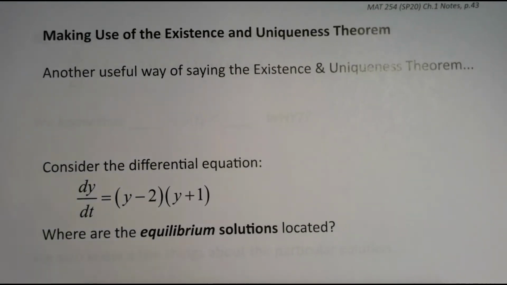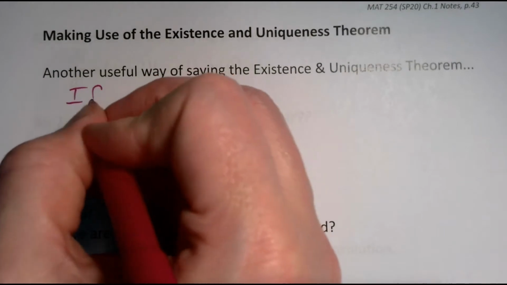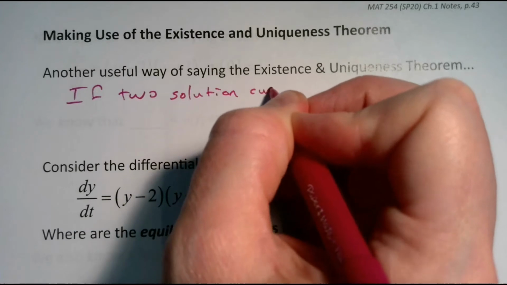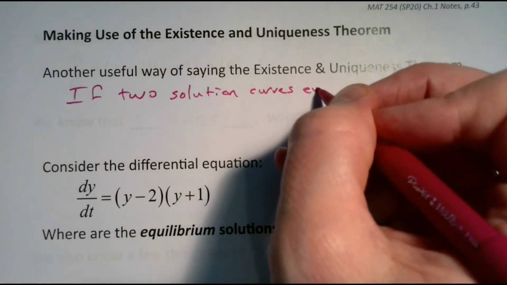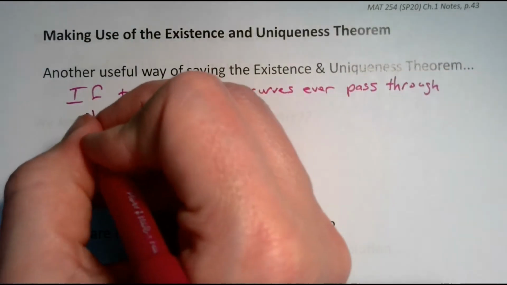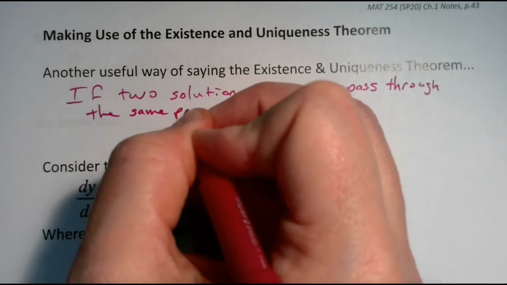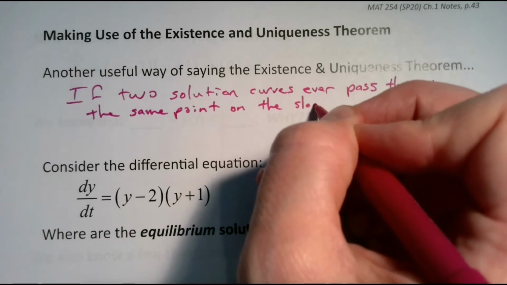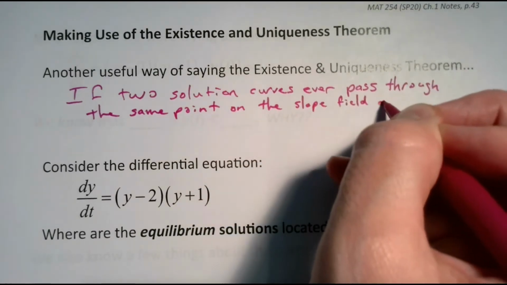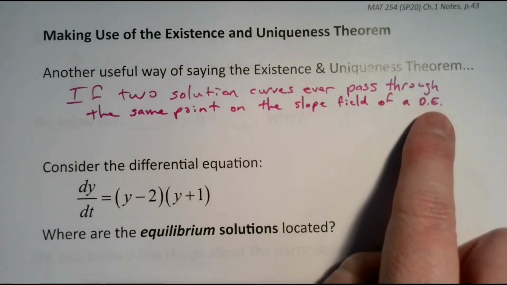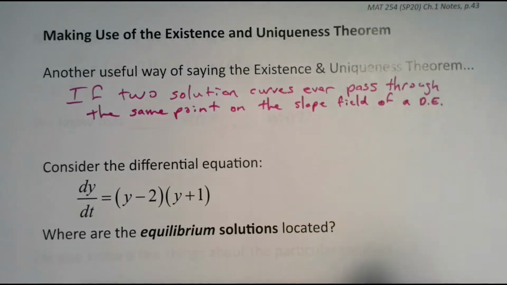A particularly useful way of saying this is, if two solution curves ever pass through the same point on the slope field of a differential equation, right? Two solution curves for a differential equation ever pass through the same point on the slope field of a differential equation, then what does that mean?